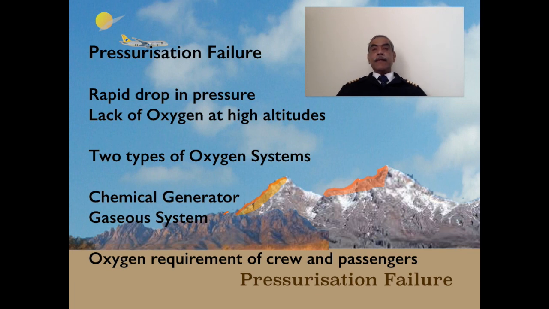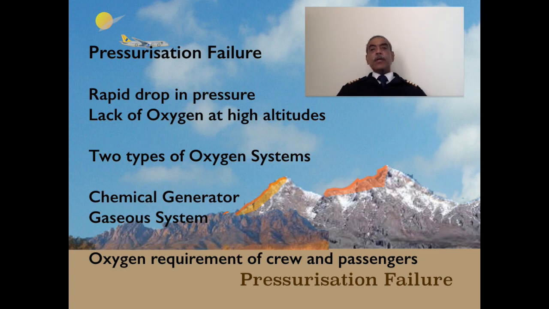Normally when we fly the aircraft, internally it is pressurized to very high levels to keep the cabin altitude at much lower levels, at around 8,000 feet, so that the passengers are at great comfort, or at least that's the legal requirement.